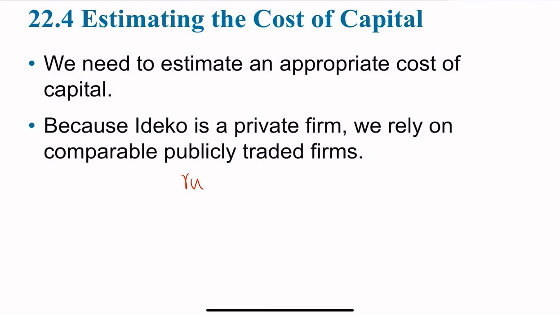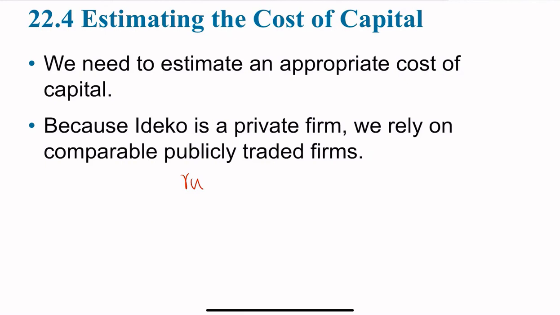So this is just one way of estimating the cost of capital. Alternatively, we could also look at a comparable firm's unlevered beta, and then we could borrow those comparable firms' unlevered beta as our own firm's unlevered beta.